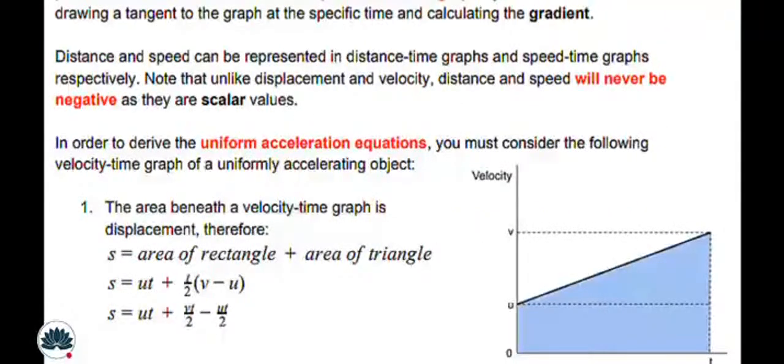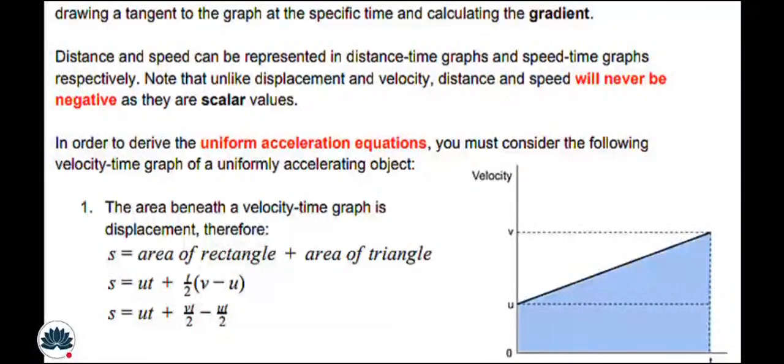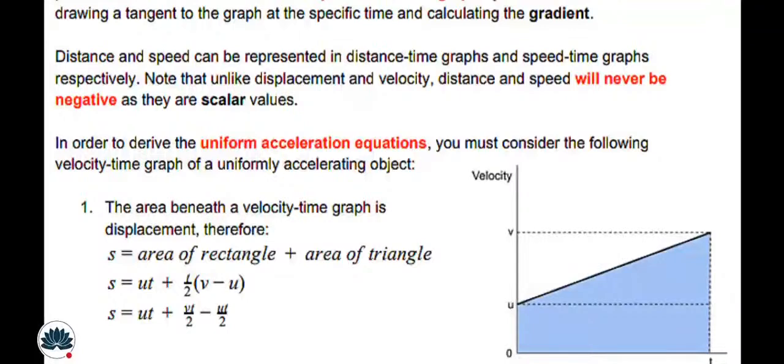Now this is very essential for you guys. In order to derive the uniform acceleration equations, you must consider the following velocity time graph of a uniformly accelerating object. In the graph, the initial velocity and the time region show you a rectangle, and the final velocity and time show you a triangle.